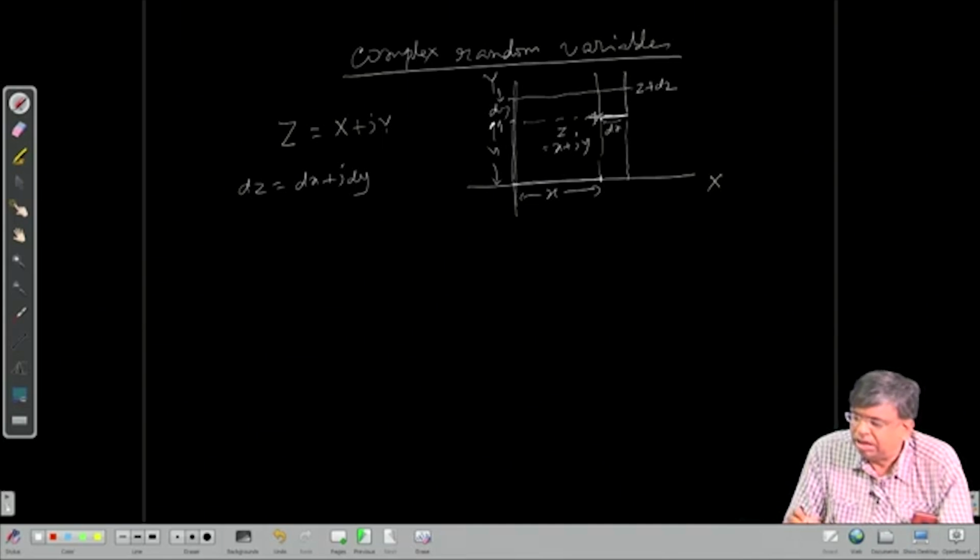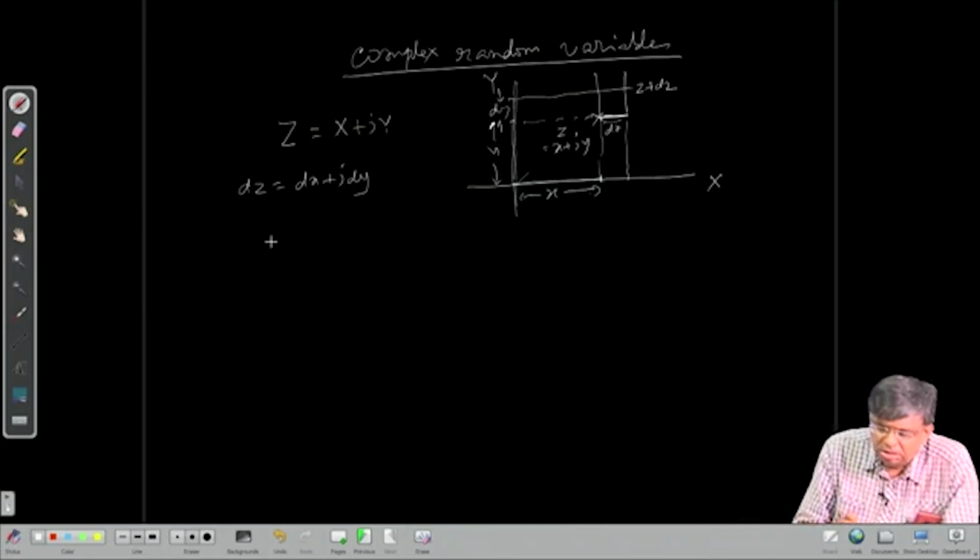Okay, and originally z. Add the two phasors. So basically x plus jy, and it is dx plus j dy. So x plus dx in z plus dz, and j common, y plus dy. So this point.